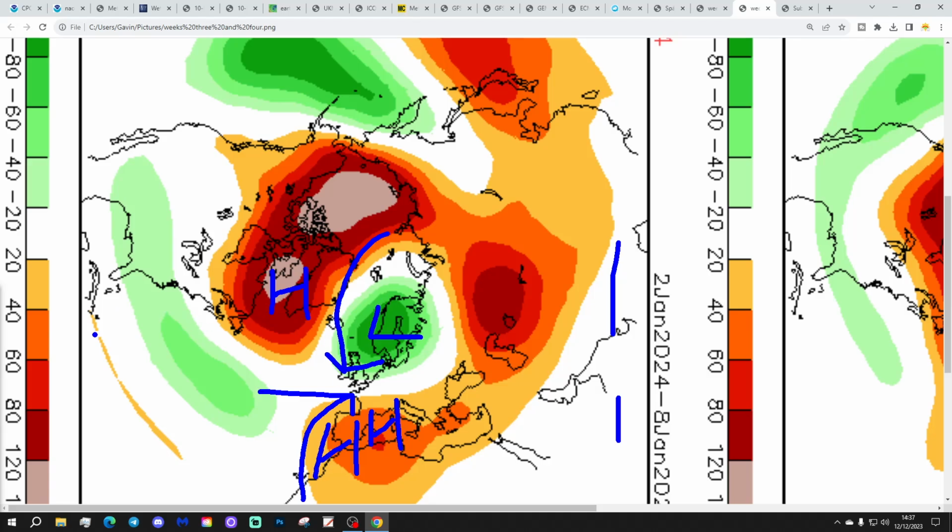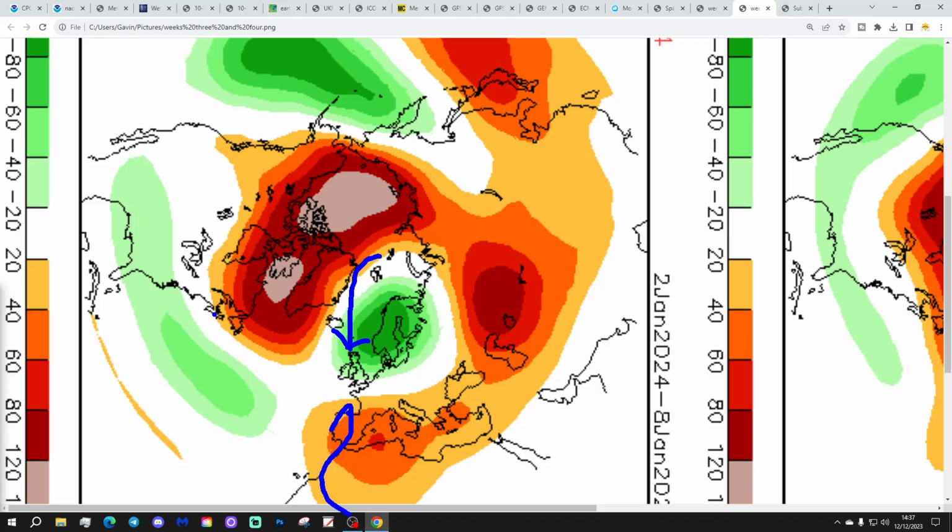So if there's a battle going on, that could get quite interesting. This is very speculative, I shouldn't really be mentioning it, but let's say you're going to have cold air up here, and very mild air just there. In between, you're going to have a boundary, a divide. Often you get weather fronts on that divide.